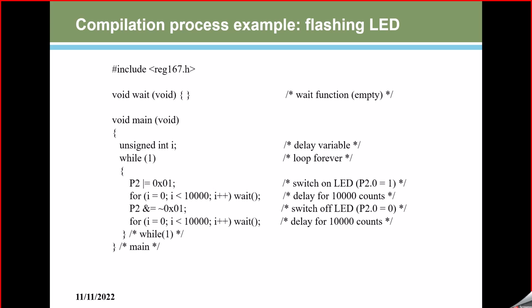Next line is void main void. This is the main function for each embedded application. This should be there, otherwise it won't work. So inside the main function, we have unsigned int i.